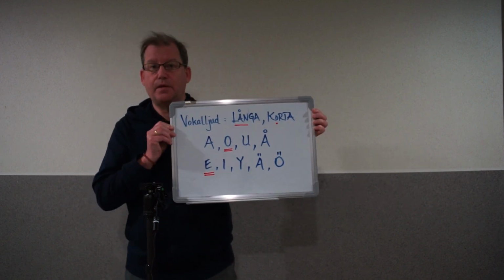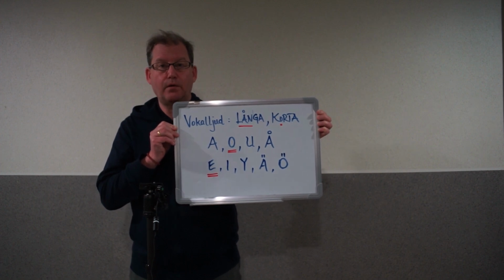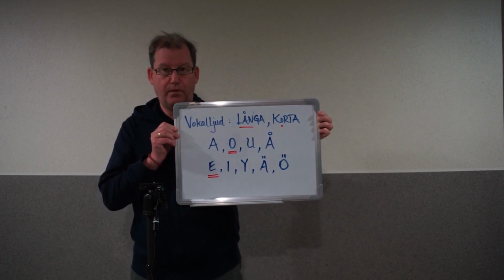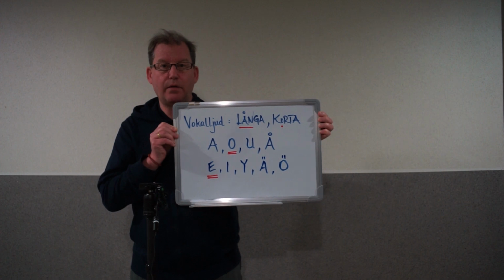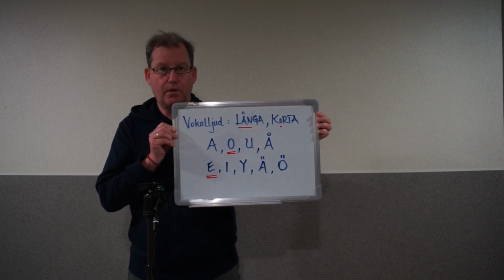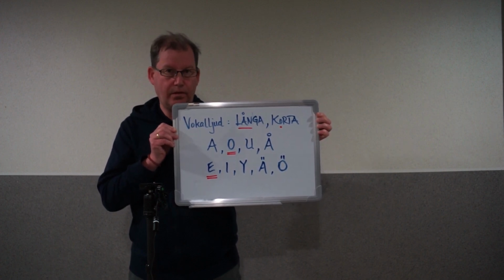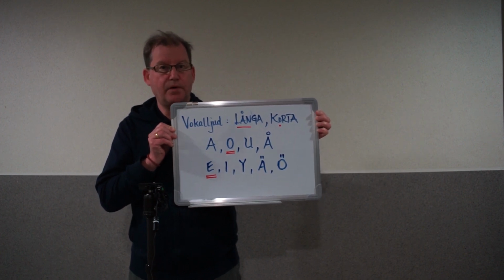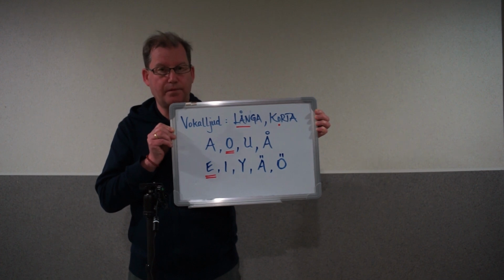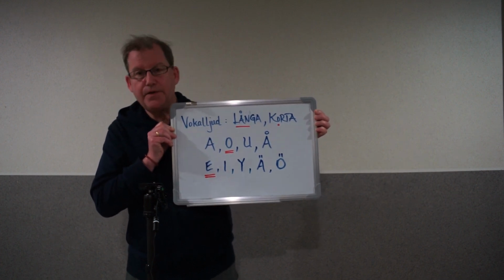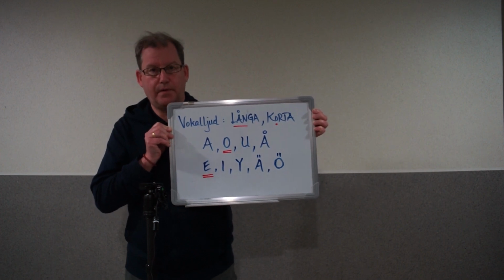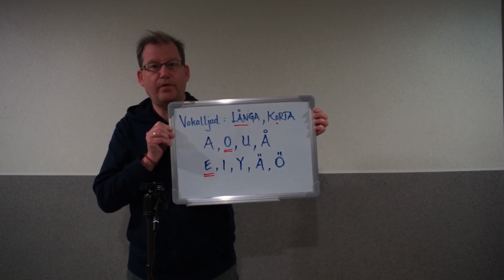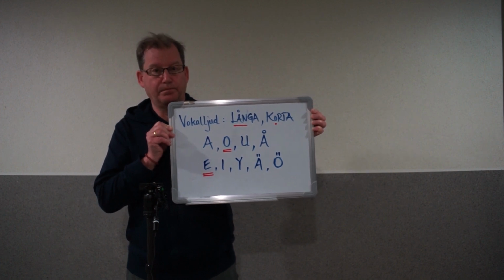Det finns långa vokalljud och det finns korta vokalljud. Långa means long sounds. Korta means short sounds. Each of these vowels has both a long sound and a short sound.